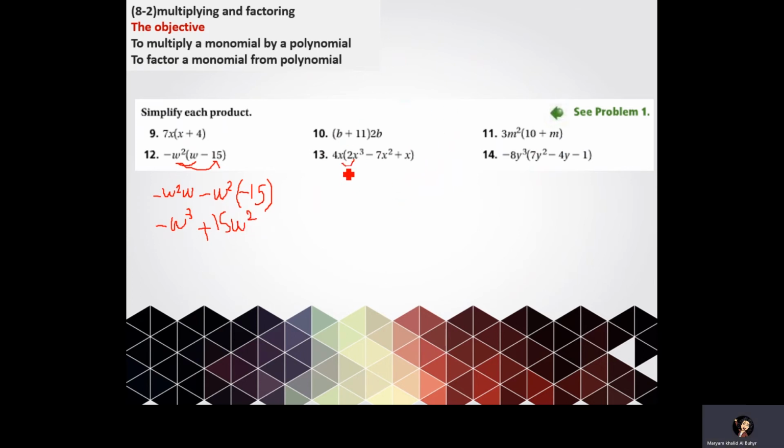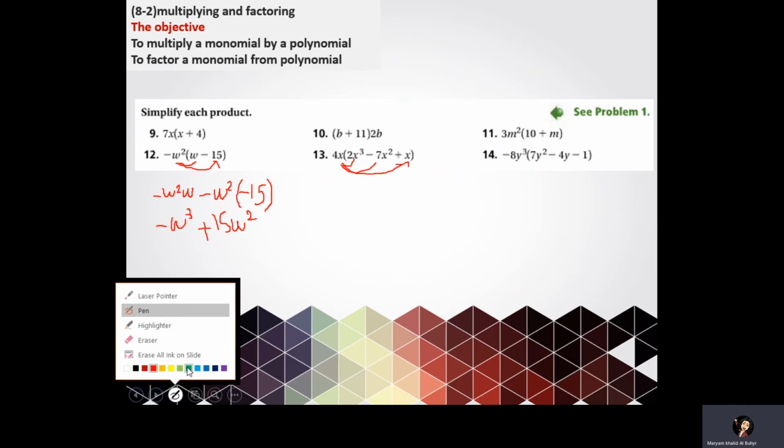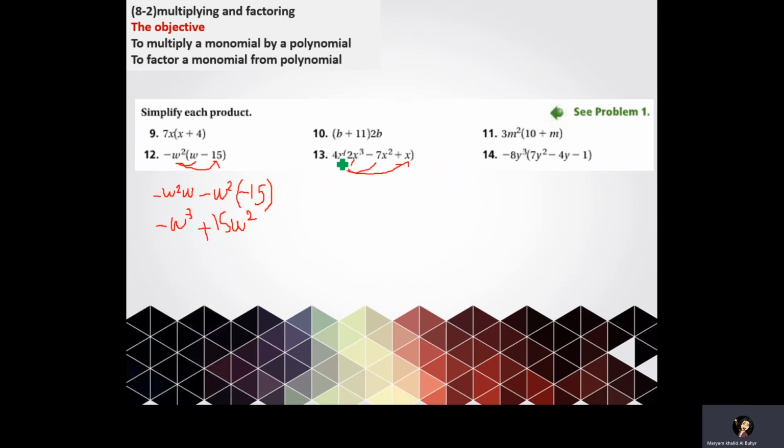This one, distribute for all the terms. If you feel that you are confident you can multiply in your mind, I don't have a problem if you directly say, okay, miss, 4 times 2, it is 8. Then I know x times x, which is x, they will be the same base, so this is x to the power 4.